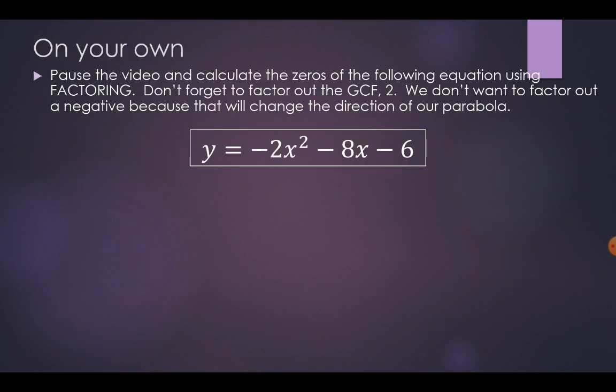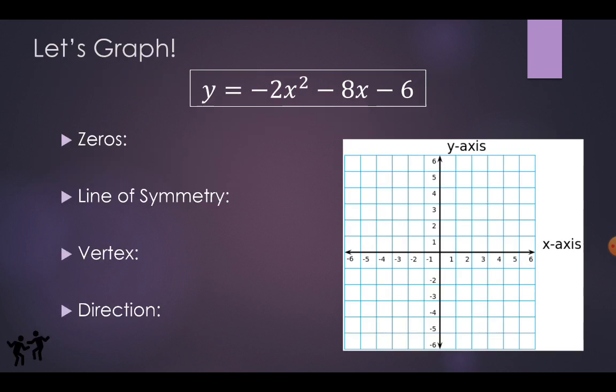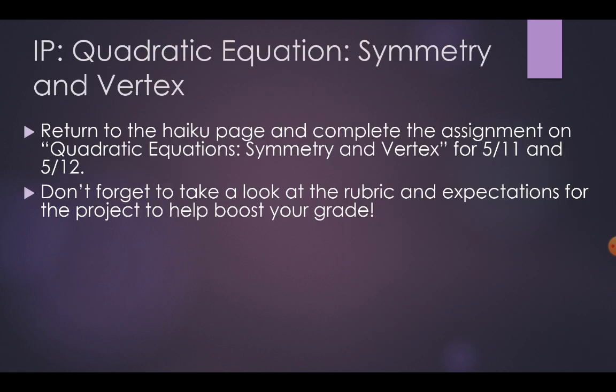All right. In the interest of time, here are some practice problems that you can try if you would like, but you have all of the tools that you need now in order to get your IP started.